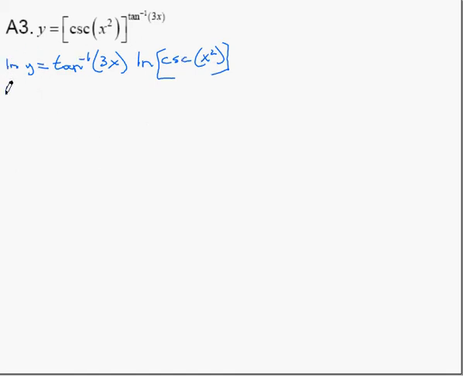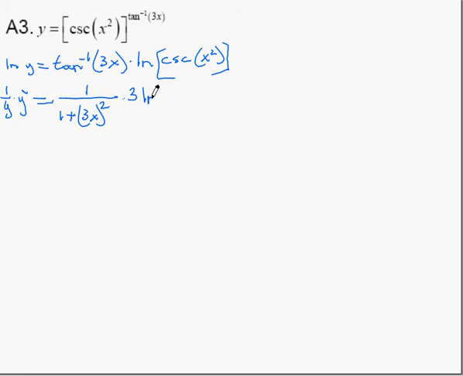The left side is 1 over y times y prime. The right side here is a product, so the derivative of the first, 1 over 1 plus 3x all squared, times the derivative of 3x, which is 3.